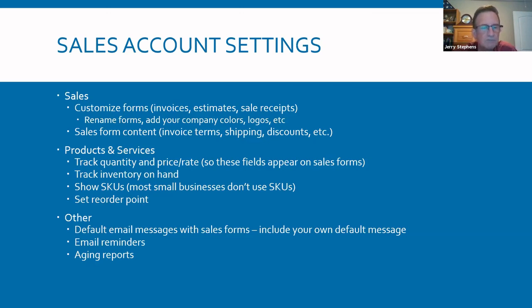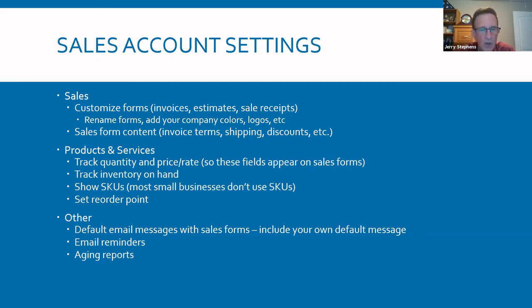In terms of products and services, you can track the quantity and price and rate, and those would flow through onto your forms like invoices and estimates. It allows you to track inventory on hand. So if you have a business with some level of inventory and you want to be able to do that automatically, it has the ability to do that.